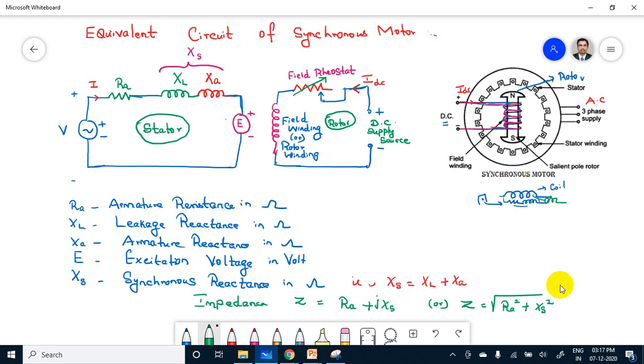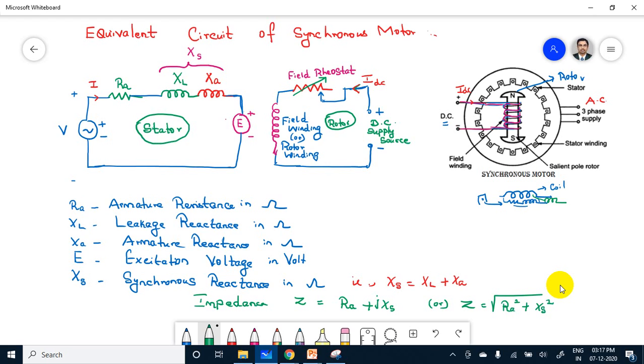Left hand side is the stator, right hand side is the rotor. So this diagram is nothing but the equivalent circuit of synchronous motor.